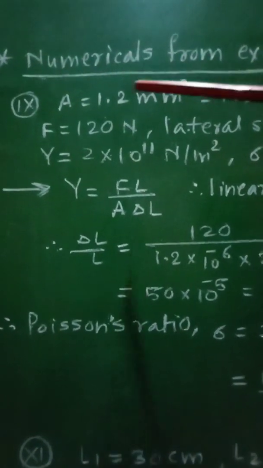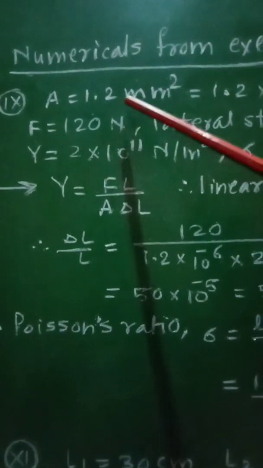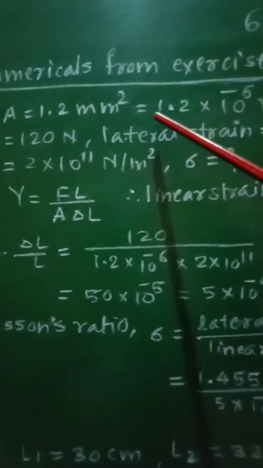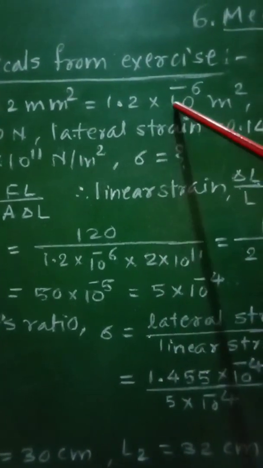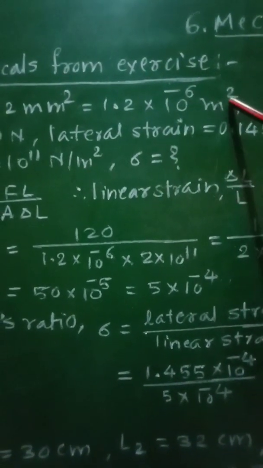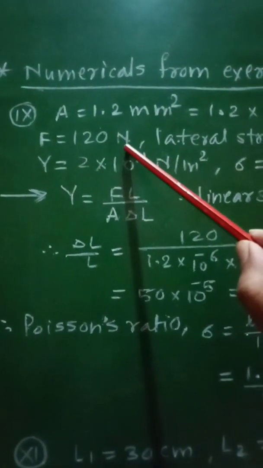And therefore for this numerical, given data is area A is equal to 1.2 mm square, which will be written in terms of meter square as 1.2 into 10 raised to minus 6 meter square. Then force F is equal to 120 Newton.